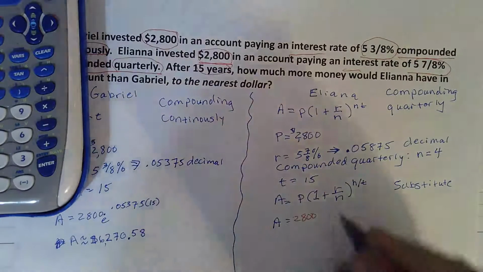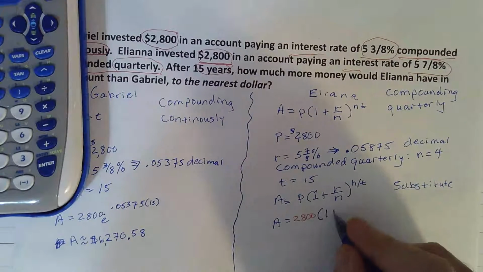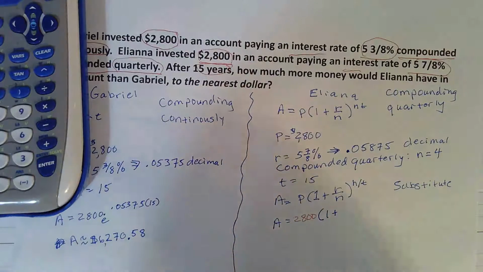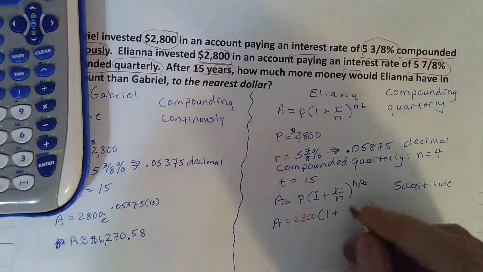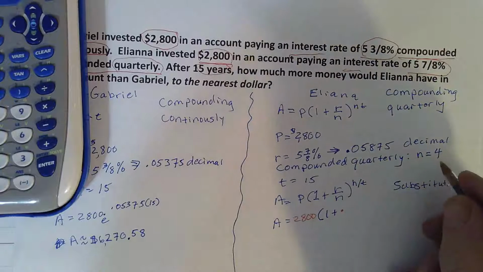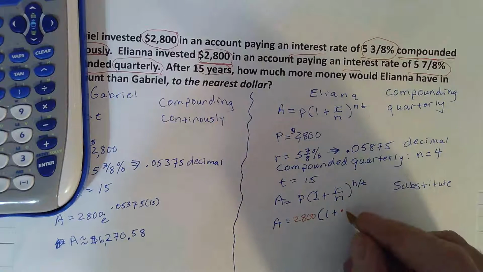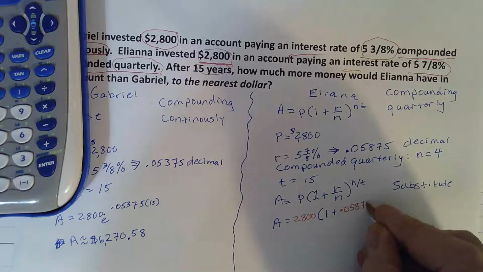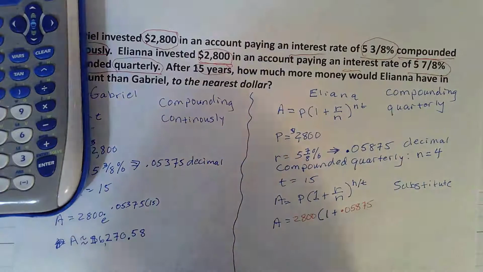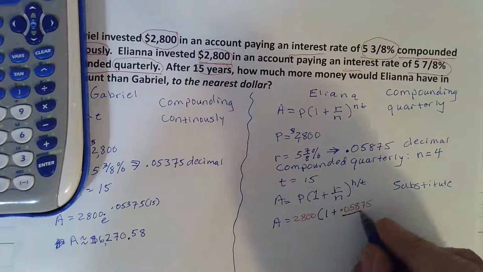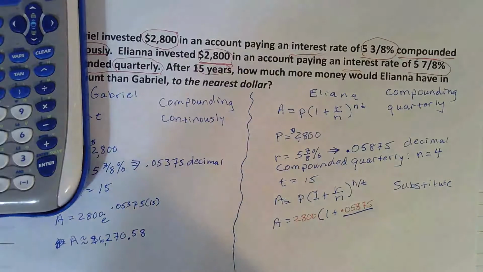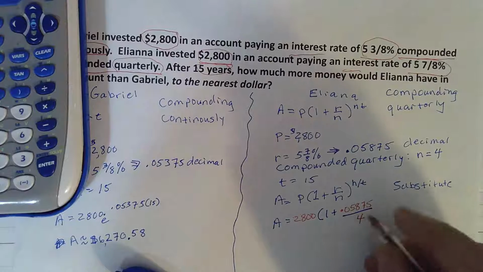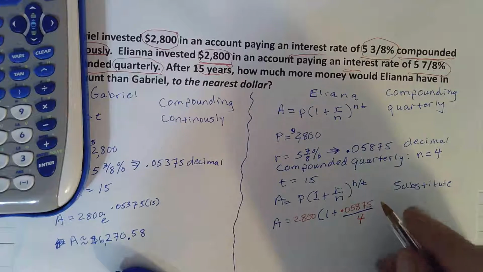and that's times 1 plus the rate. The rate is the decimal, so that's going to be 0.05875, and that's going to be divided by 4 because 4 is the N. So that's the number of times per year.